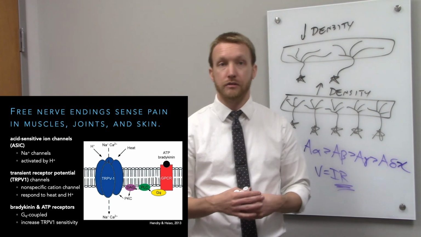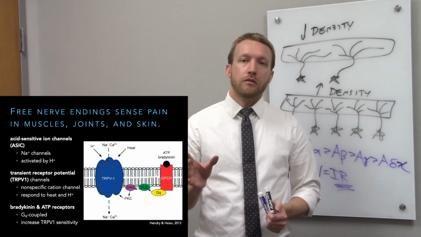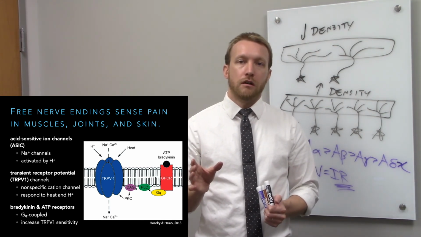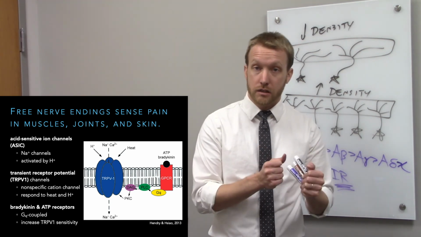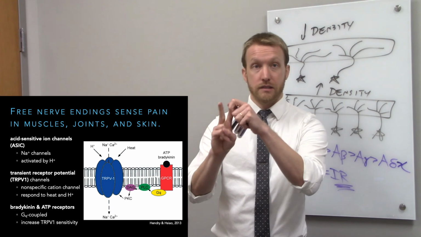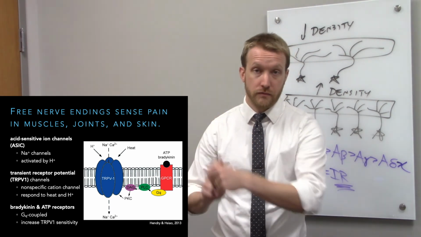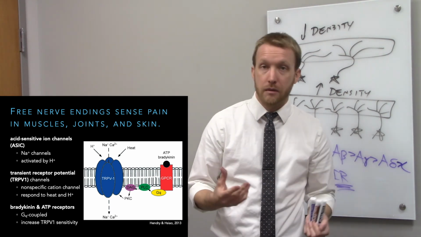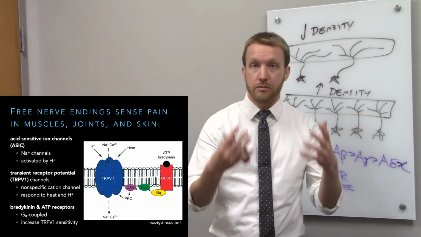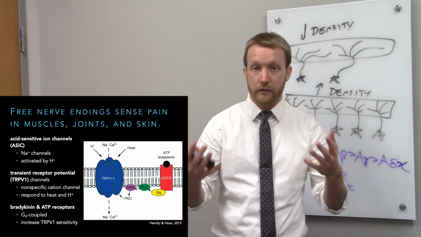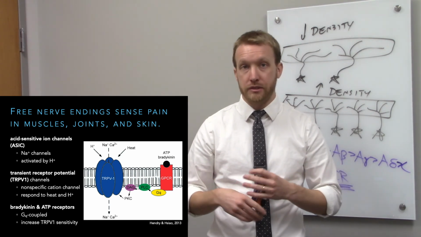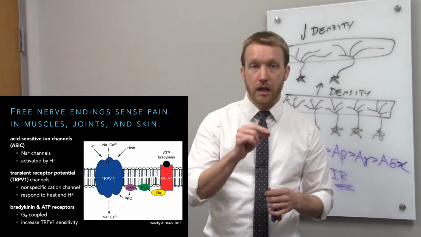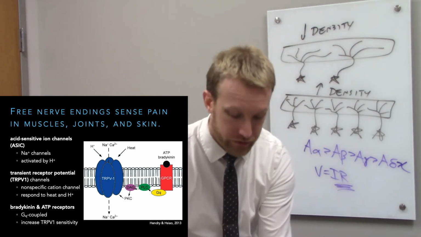So it actually hurts. Now there are other proteins on our pain sensing fibers that affect the conductance of these two ion channels, acid sensing ion channels and TRP channels. So if we have tissue damage and things like ATP and bradykinin have leaked out, those stimulate G protein coupled receptors that potentiate activity through our TRP channels.